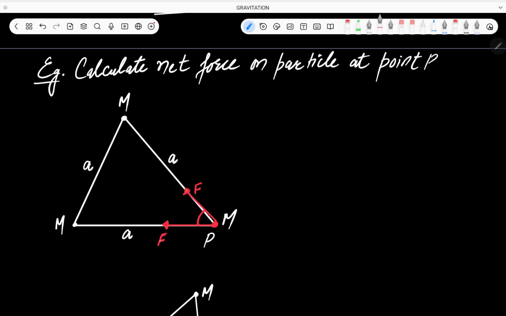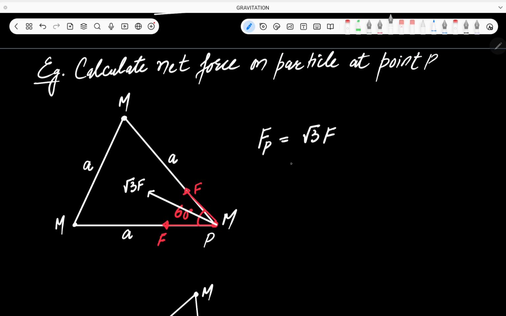Obviously इक्विलेटरल ट्रायंगल है तो इसका मतलब ये एंगल जो होगा it will be 60 degree. Now whenever the angle is equal to 60 degree, the resultant of these two forces will be along the angle bisector, and that resultant will be equal to root 3 into F. Which means that the net force on the particle P comes out to be root 3 into F.